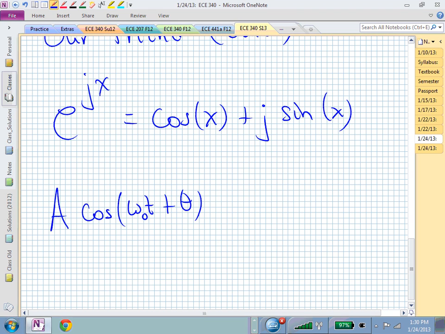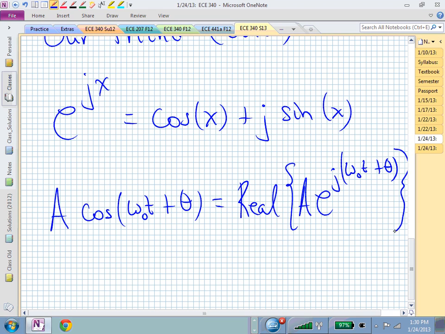Let's just fix it as omega naught. I could work with that by playing with this complex exponential and then at the end just taking the real part of that. Meaning I can now say that's the real part of A e to the j omega naught t plus theta.